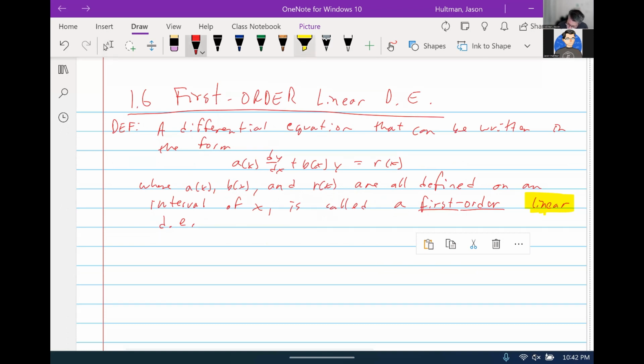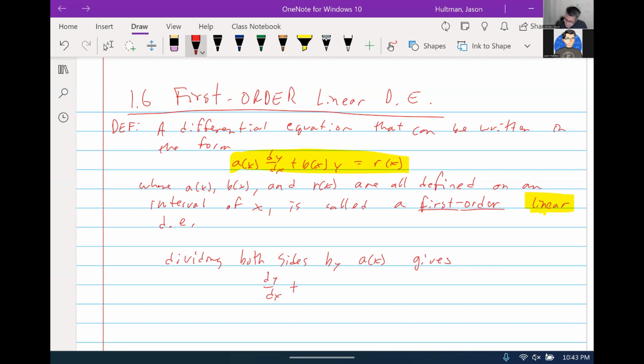Okay, let's take this and divide both sides by a of x. The a of x would be gone in front, so we get dy dx plus b of x over a of x, but I'm going to say that b of x over a of x is just another function of x.